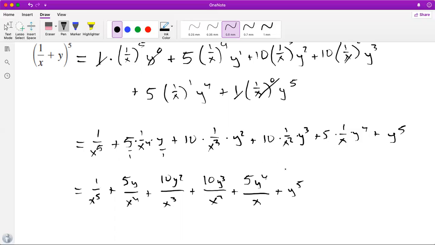So this is your final answer. It's all simplified. Everything's put together. No common factors, top and bottom. This is a 2. That's really a poorly done 2.